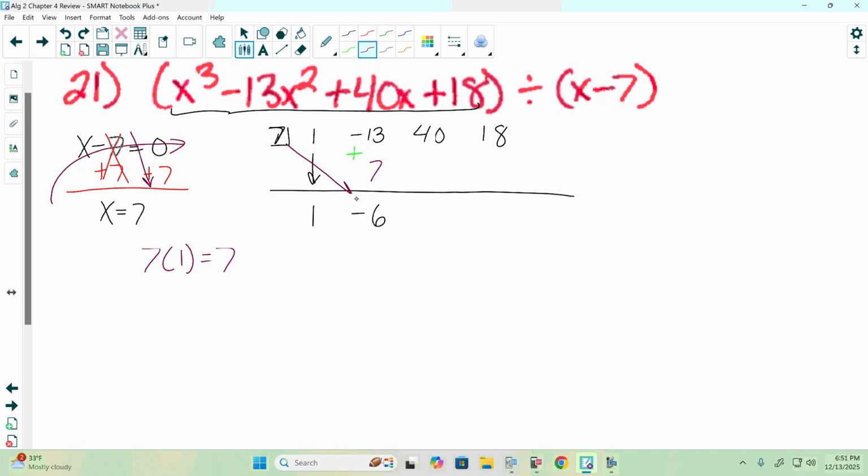Then we're going to multiply 7 and negative 6. And 7 times negative 6 is negative 42. We're going to take that negative 42 and put it under our next number, right there.